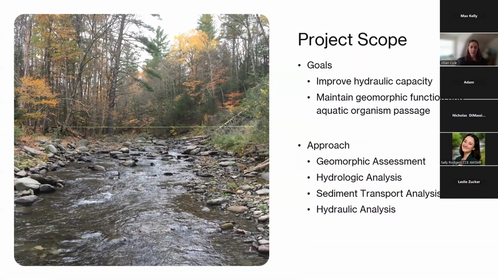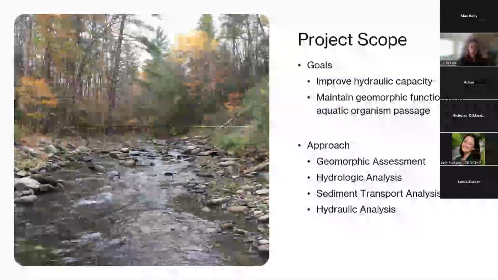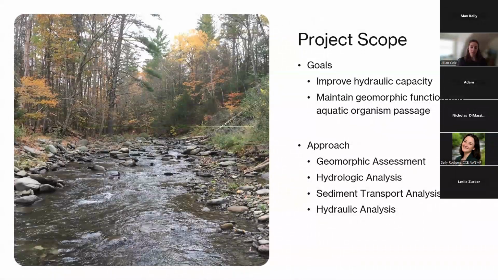We did the longitudinal profile. We took pebble counts and lots of photo documentation. We also did the hydrologic analysis and determined appropriate channel sizing. And then a sediment transport analysis and a hydraulic analysis as well, which I believe was a 2D model for this project.